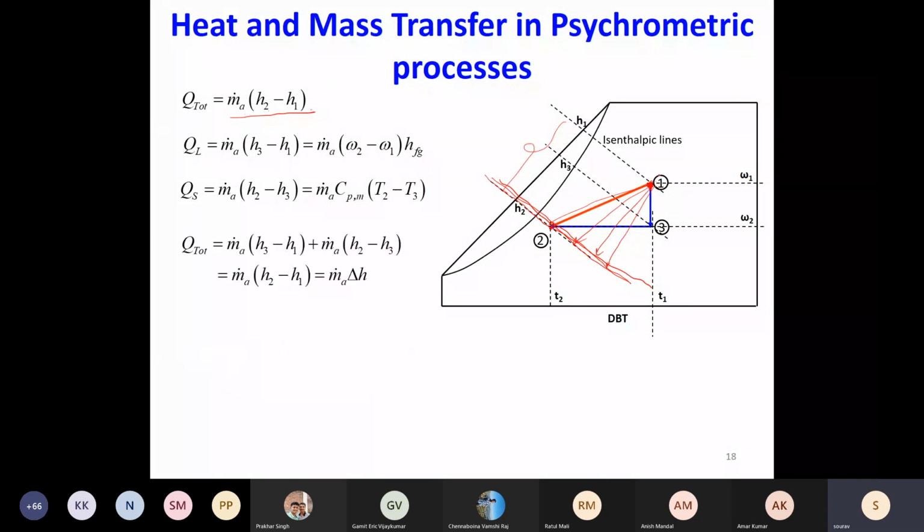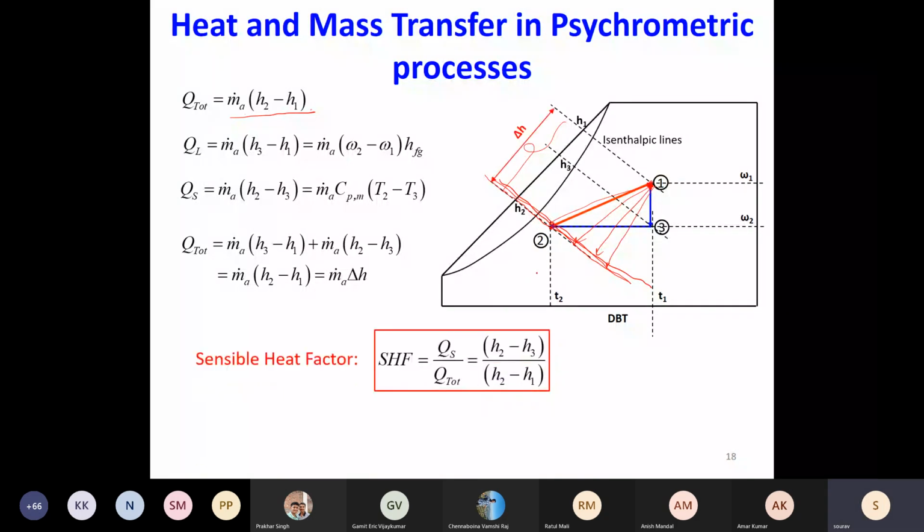So what we introduce is another parameter which needs to be fixed in order to fix the process, and that is called the sensible heat factor. What is the sensible heat factor? It is fixing the slope of this line.